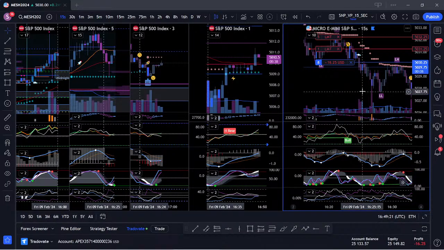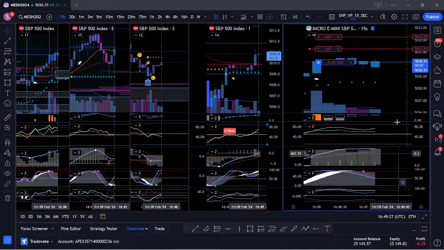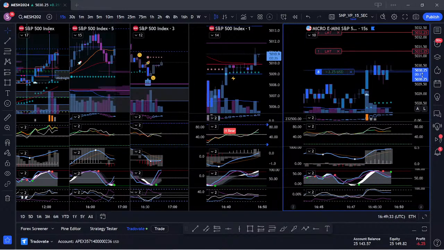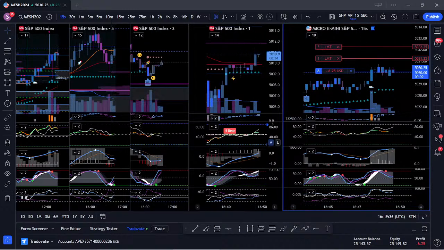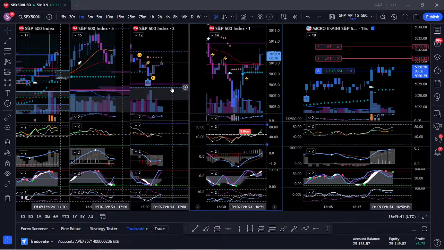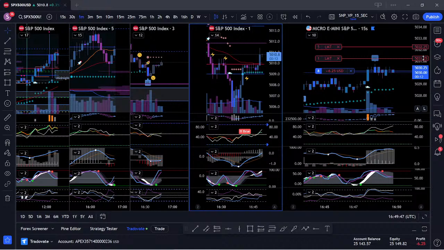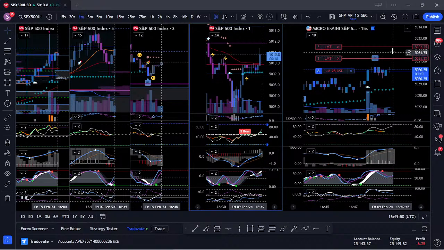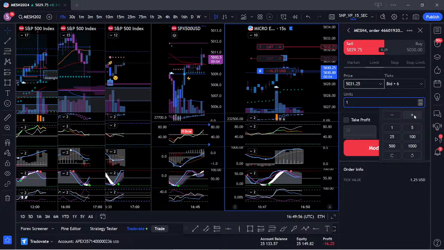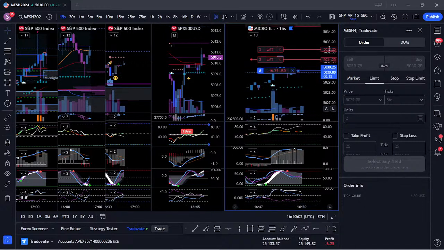This area. That's the zone of the lower high. So one at $1 away, and one at $2 away. So we can do 2 here, 5 here, and 1 we keep.